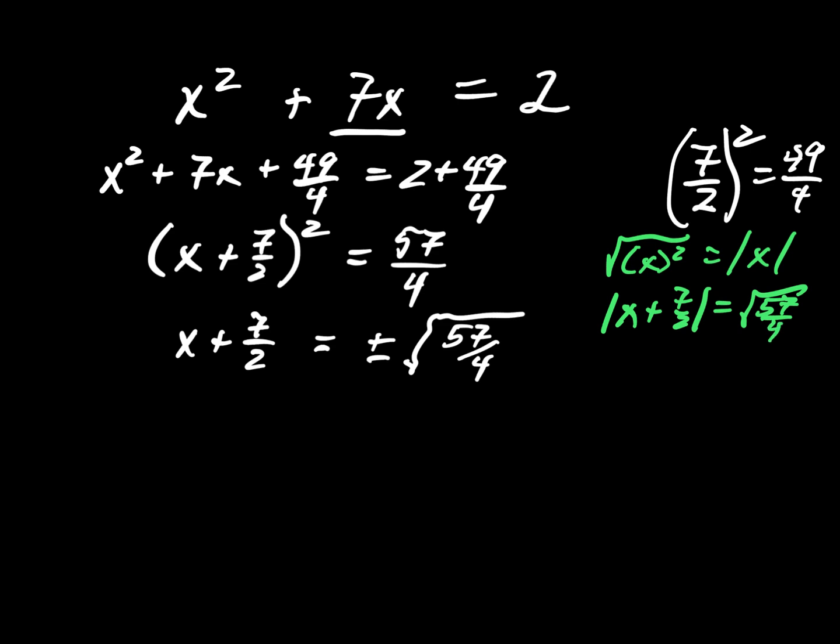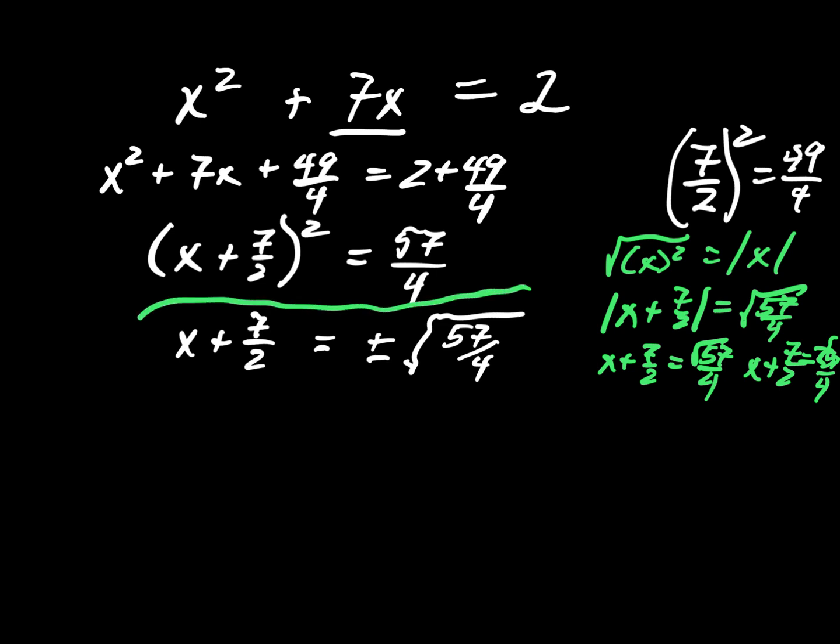But then you have to solve the absolute value equation, which is x plus 7 halves equals the square root of 57/4, and x plus 7 halves equals negative square root of 57/4. If you remember that from Algebra 2. And that's why we always do plus or minus when we're taking the square root of both sides. It's because of definitions. Don't you love mathematics when you really learn how things fit together?